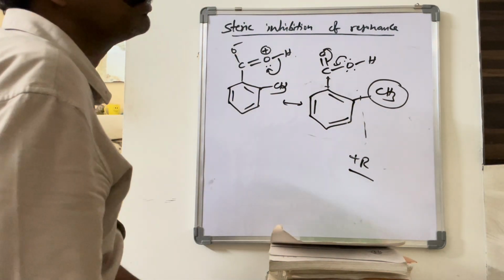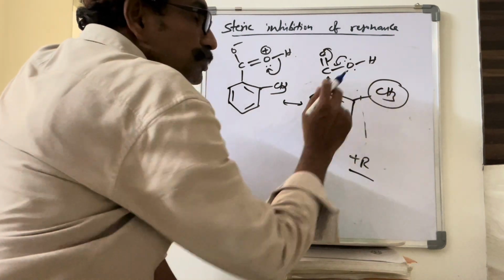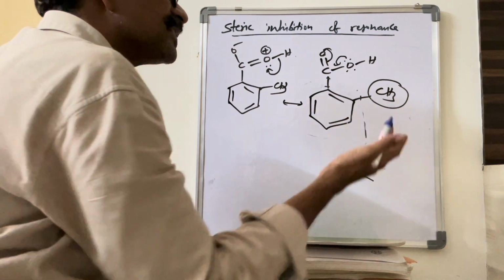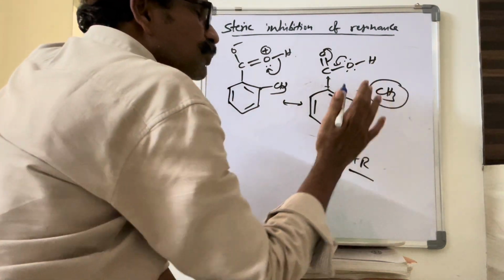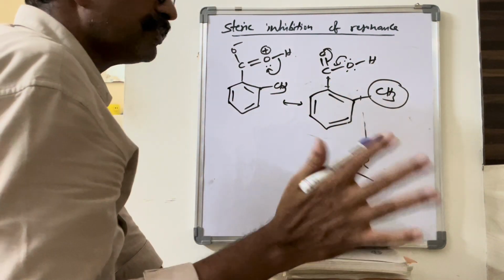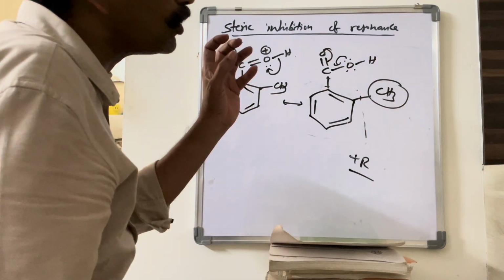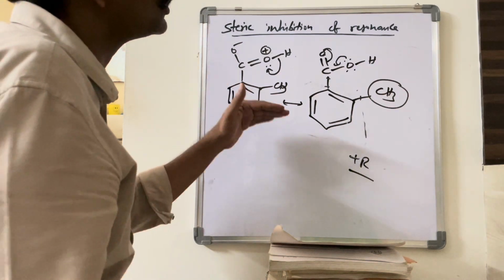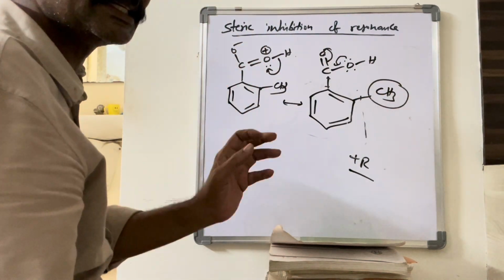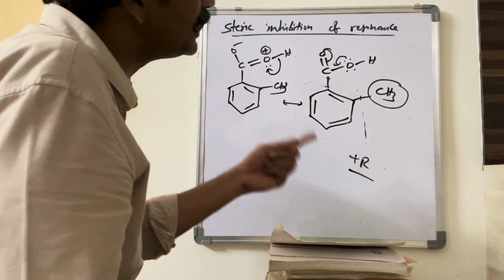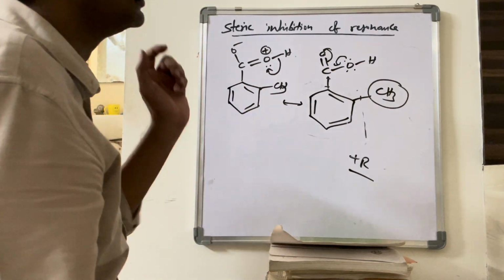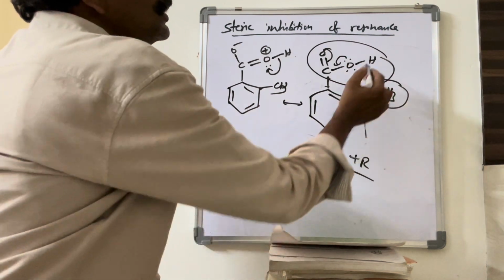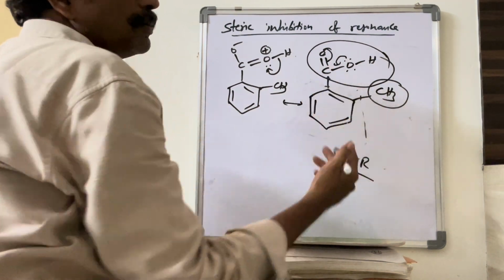Irrespective of the polarity of the ortho substituent, that means whether it is the plus R group or the minus I group or the plus I group, whatever it may be, nearly all ortho substituted benzoic acids have acidic strength higher than benzoic acid.